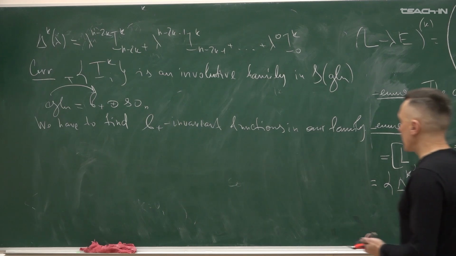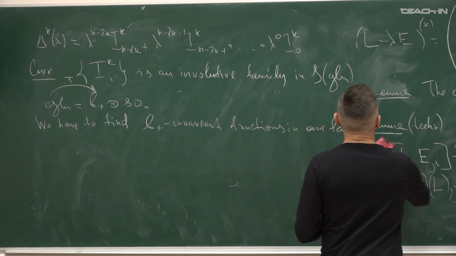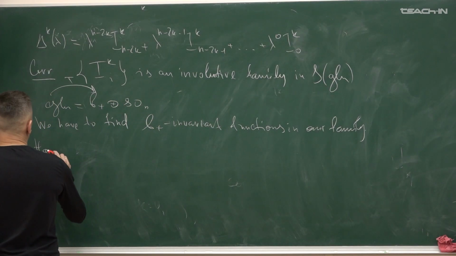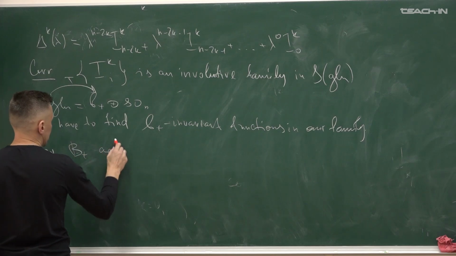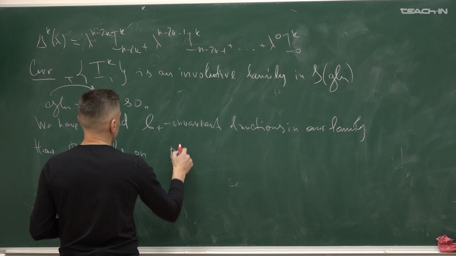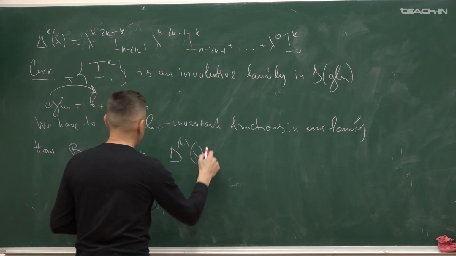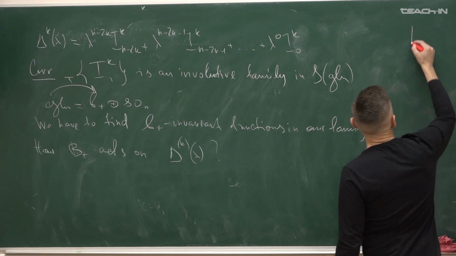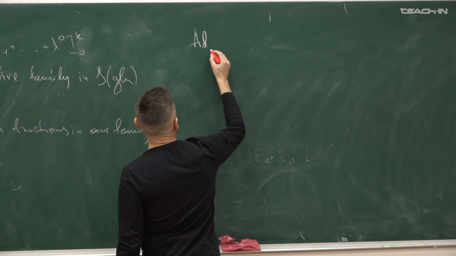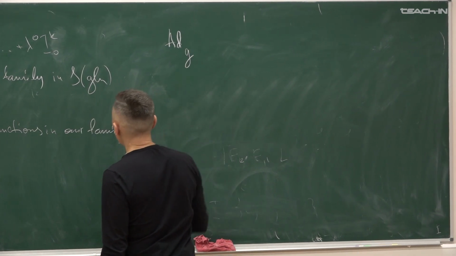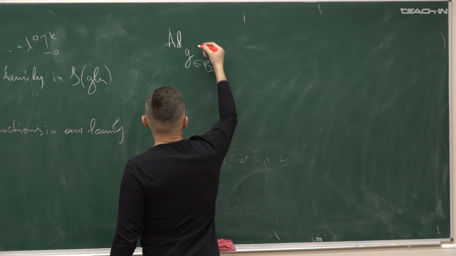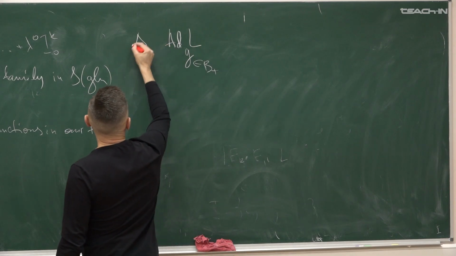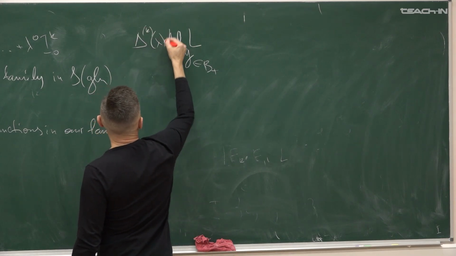So we have to calculate the action of the group B plus, how B plus acts on delta K lambda. So we will consider the adjoint action of the element G from B plus on L and calculate this function.